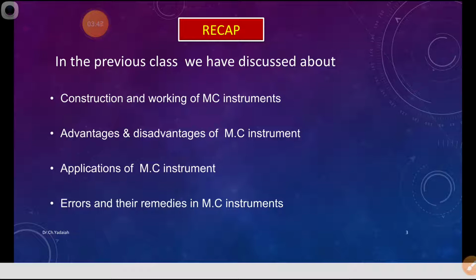In case of AC, we are going to use constantan as a shunt material to enhance this MI type instruments. We can see that later.